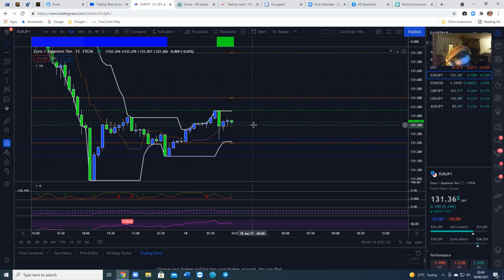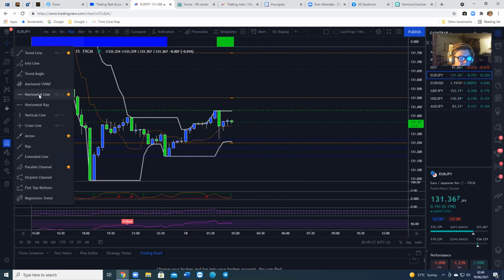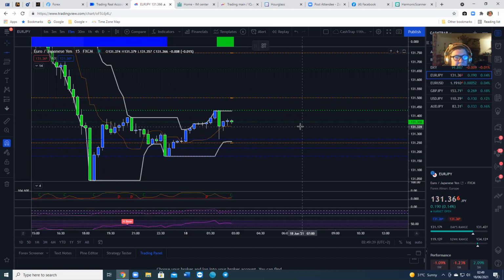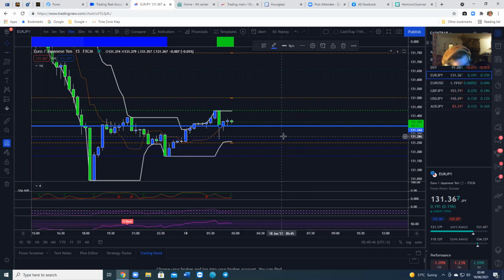it's 344. Just get a new bit of paper. Scribbled over. I want to keep one set of scribbling so I can see it. So I'm going to put a horizontal line on. This is on the 15-minute. That's too wicky, so I'm going to use the body of that one, which is at 344.